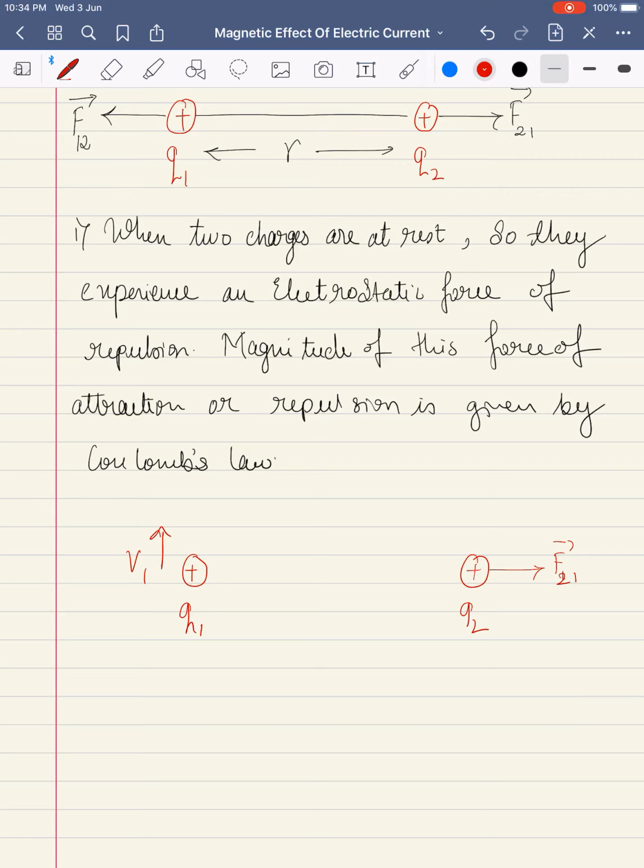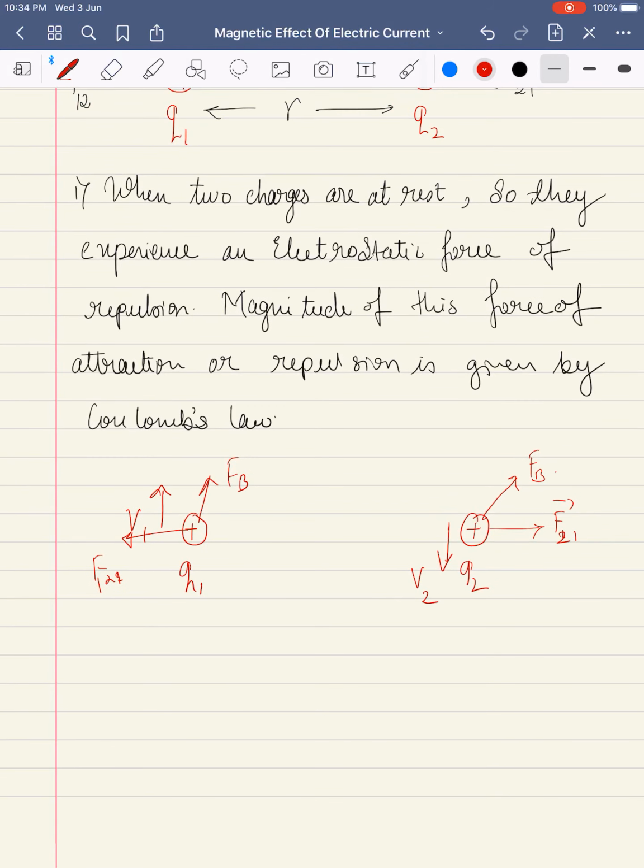So the charge q2 will experience one more force, which we call as magnetic force. Now which charge will experience magnetic force? Suppose q1 and q2 both are moving in opposite directions, so both the charges will experience an electrostatic force and a magnetic force. So basically they will experience two forces.